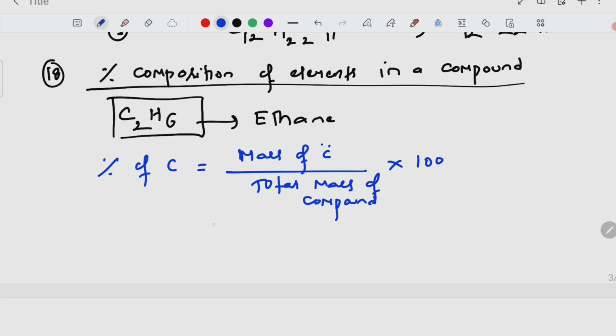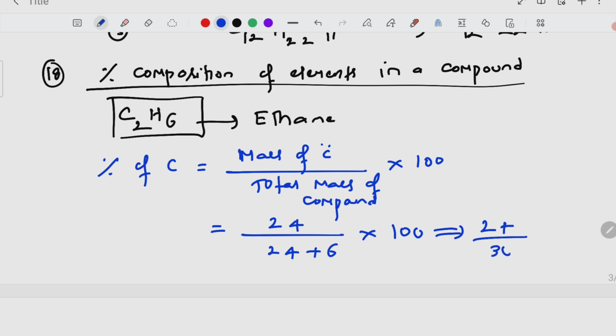Simple, like a normal calculation. But it is the mass of carbon, not the atomic mass: the total mass of carbon in the given compound. So the mass of carbon is 2 into 12, 24. The total mass of the compound is 24 carbon plus 6 hydrogens, into 100. So overall we get 24 by 30 into 100. Calculate the percentage, everyone.